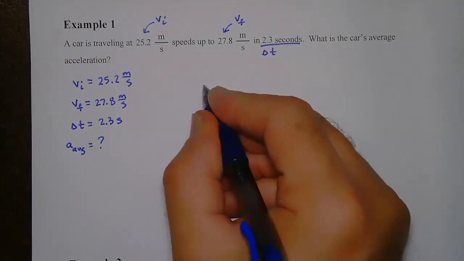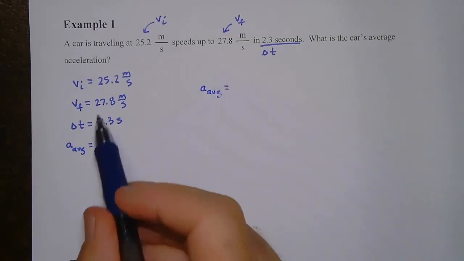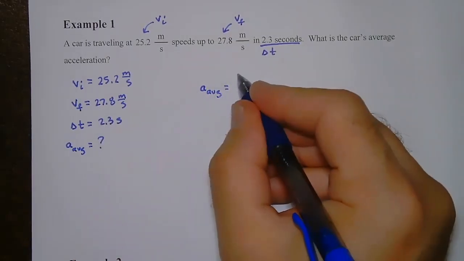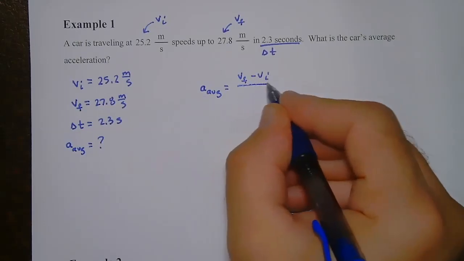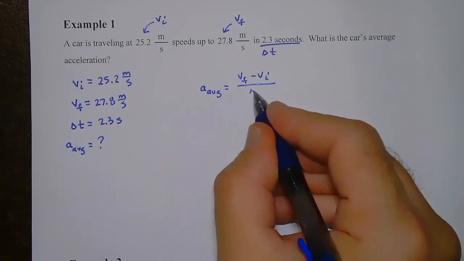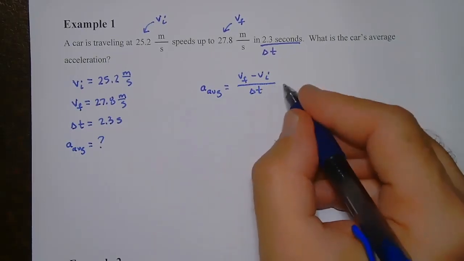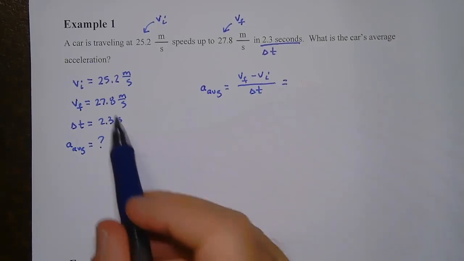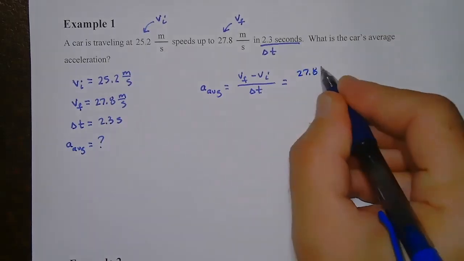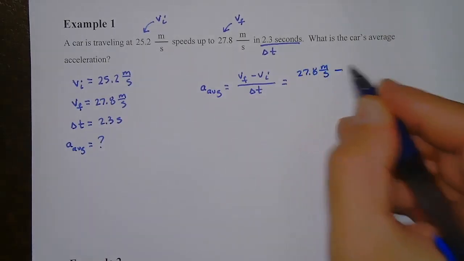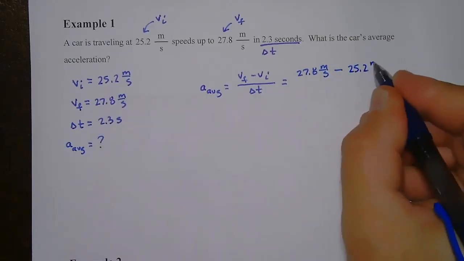So I know that the average acceleration is equal to v sub f minus v sub i over delta t, or t sub f minus t sub i. So in this case, v sub f is 27.8 meters per second minus 25.2 meters per second.